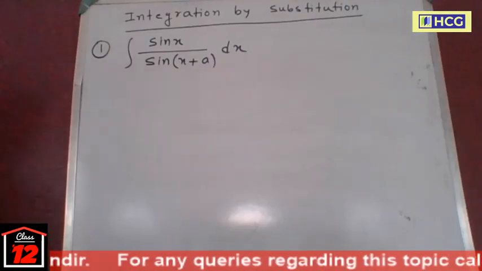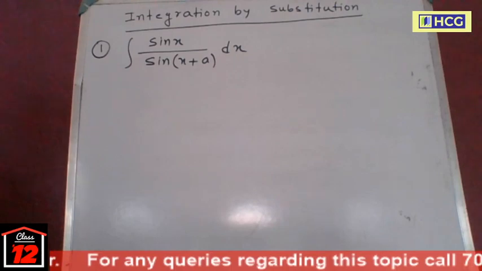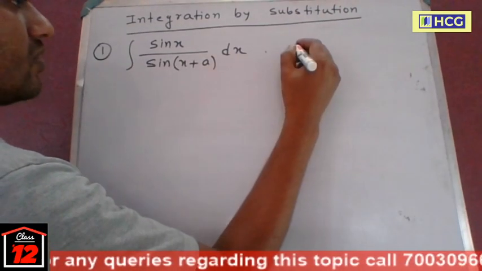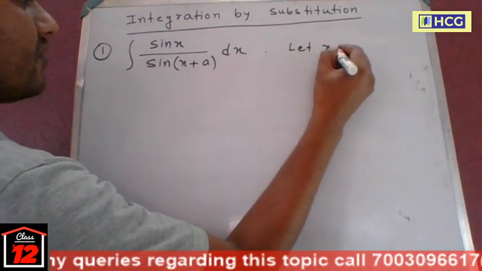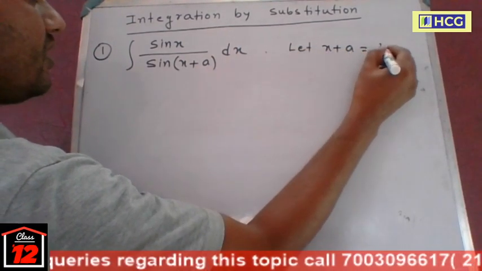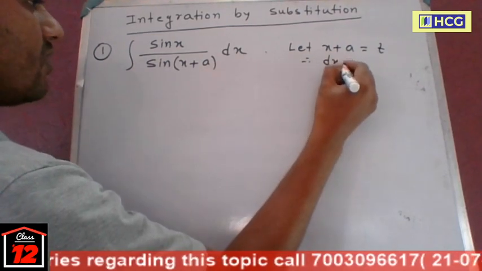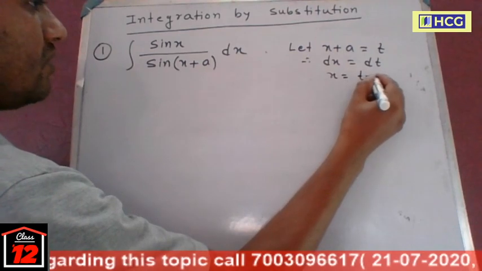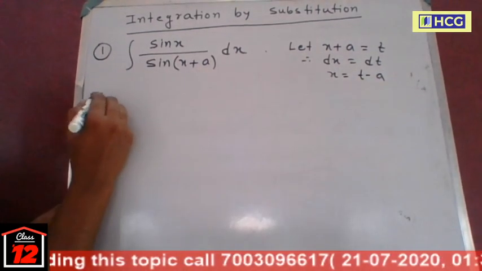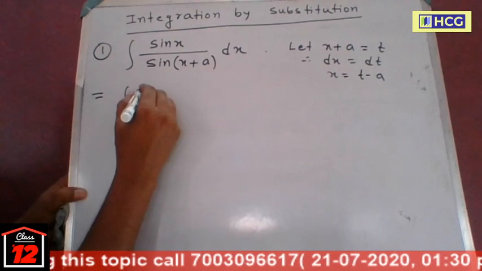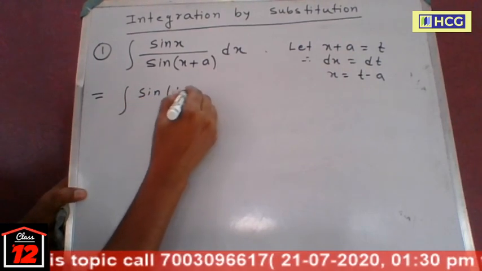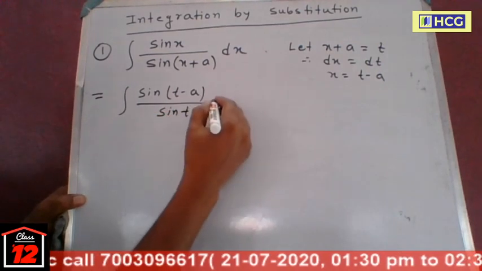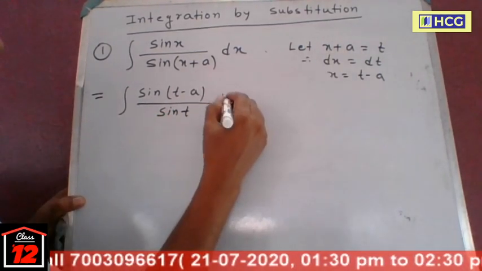Next, we find the integration sin x by sin of x plus a dx. Now let x plus a equal to t. So therefore dx equals dt, and x is equal to t minus a. So the given integral changes to sin of t minus a divided by sin t, and dx changes to dt.